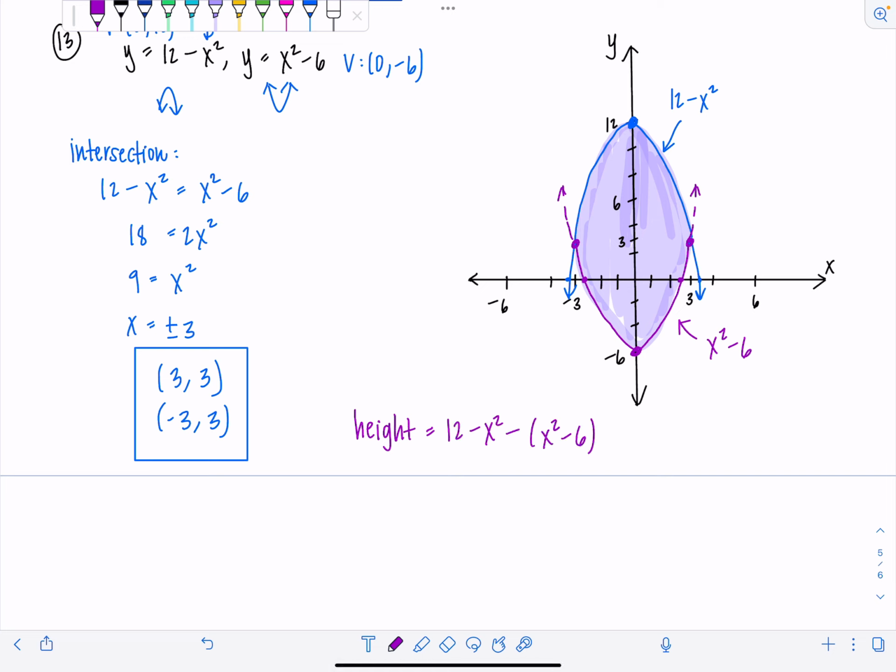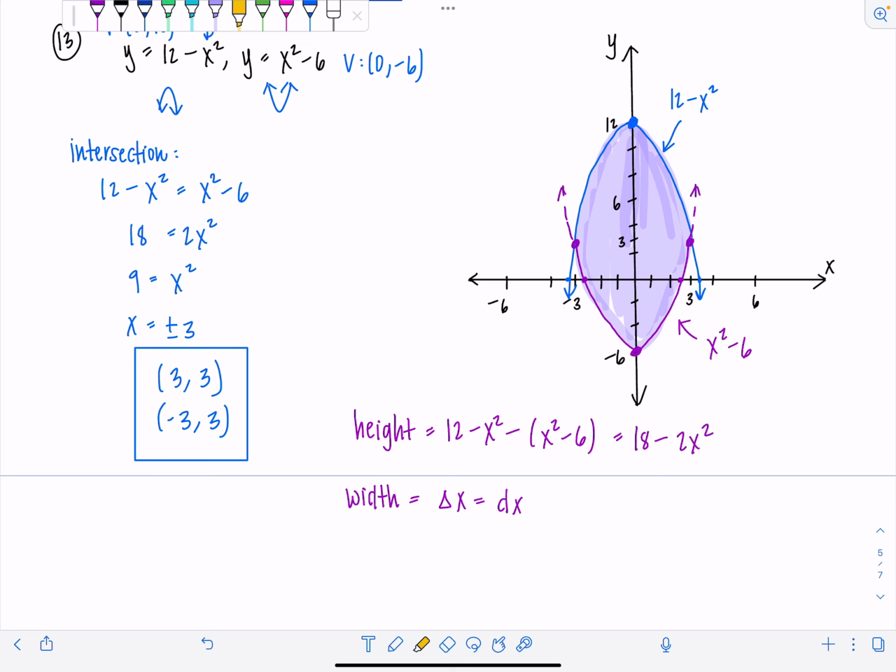Let's just clean this up now. That's 18 minus 2x squared, right? And then the width is delta x, which is dx. Okay, let's double it because it's symmetric with respect to the y-axis.